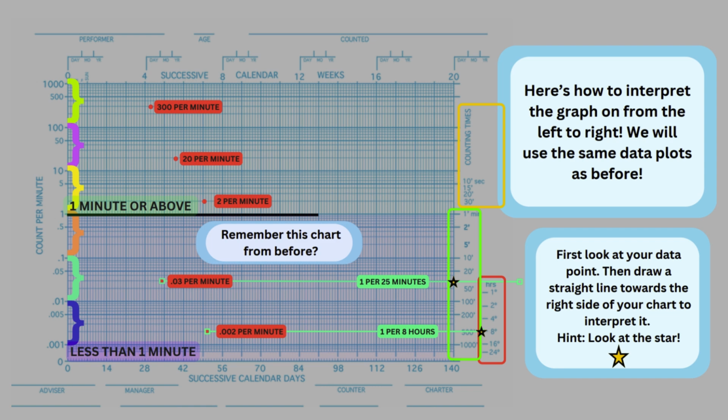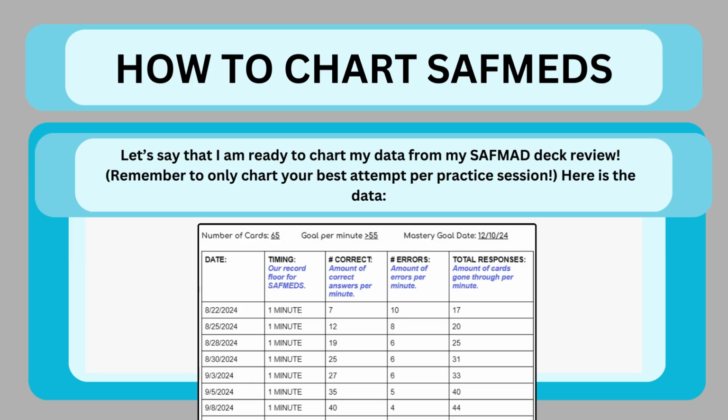So here's how to chart our SAFMEDS. I was confused initially. I know a lot of people were, and this is really what people want to know how to do because this is our assignment, right? So your professor should have given you a list of terms.